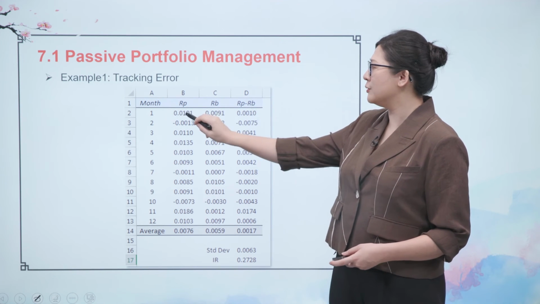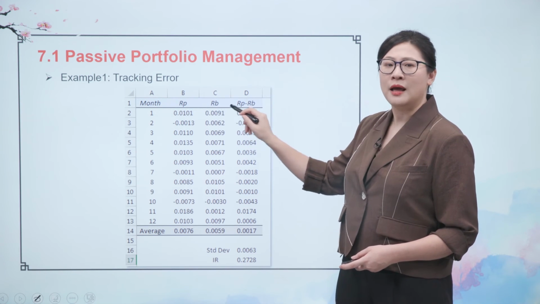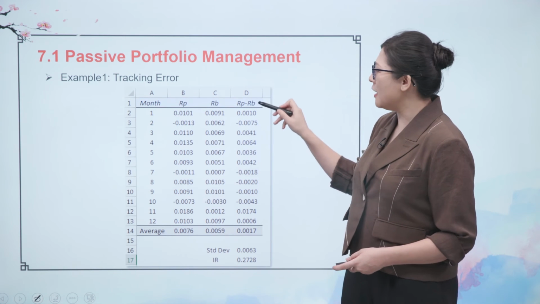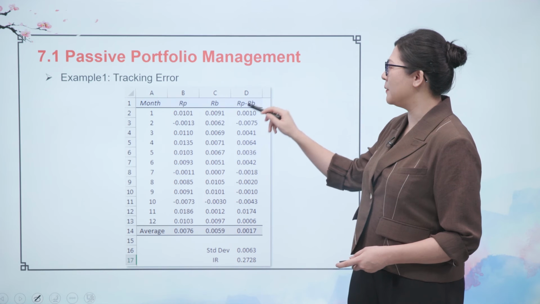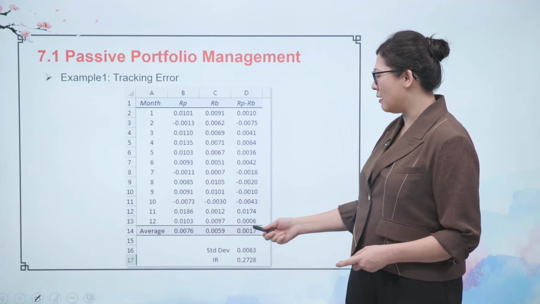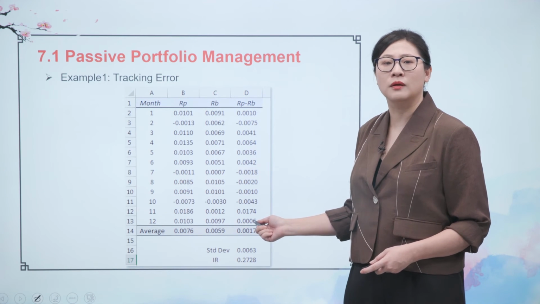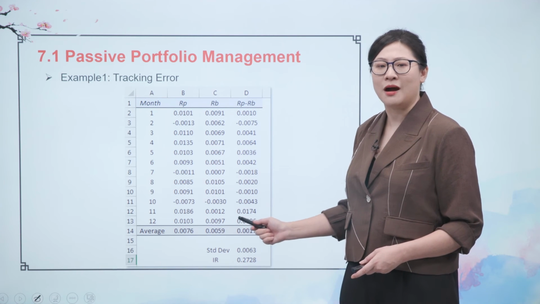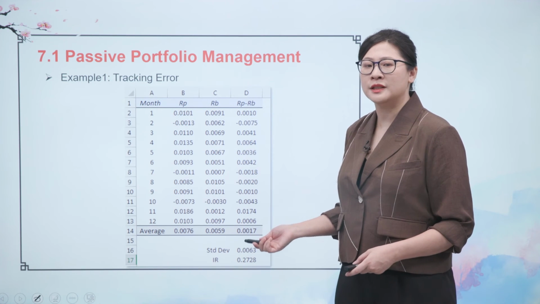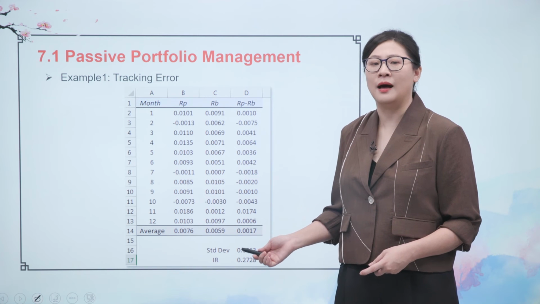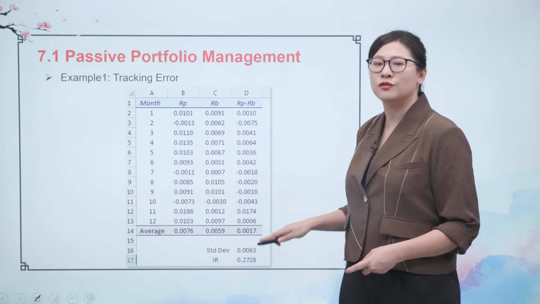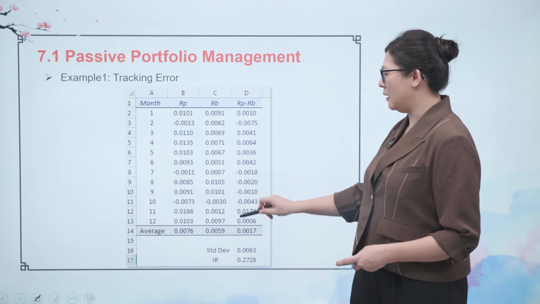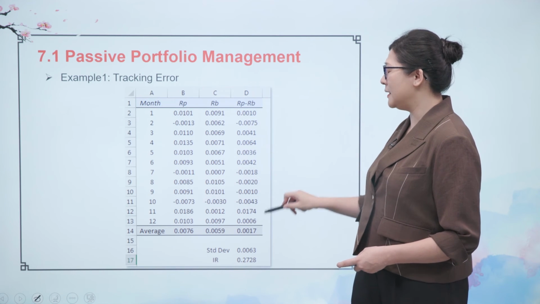And then you need to calculate the difference between your portfolio and benchmark. So you can use this one minus this one, and you can calculate this RP minus RB. And if you calculate all this RP minus RB, you can calculate the average of your active return. So that's your delta bar. Then you can use the standard deviation function in Excel to directly calculate the standard deviation of these numbers.